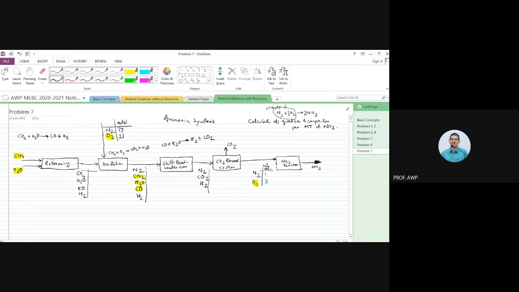Yeah. In the oxidation, there would be a side reaction of hydrogen also being oxidized and carbon monoxide also being oxidized. Yeah, that's what I was telling you. In the oxidation, let us assume for simplicity, just because we are in the first year, we will make an assumption that carbon monoxide does not react with oxygen, H2 does not react with oxygen.